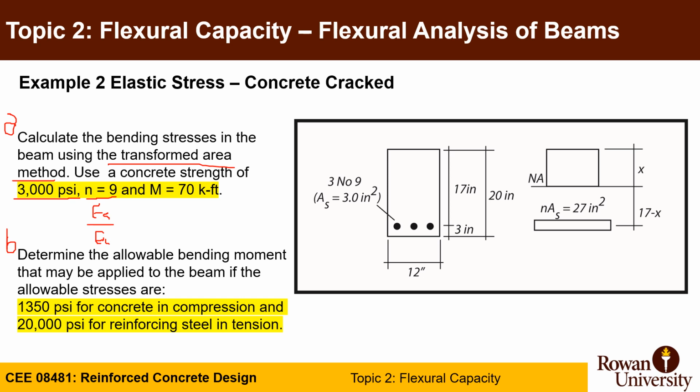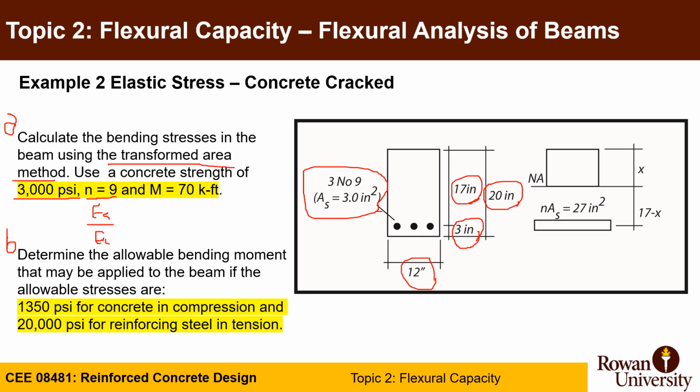The cross section is 12-inch wide, 20-inch total depth, 17-inch structural depth, 3-inch cover, and area of steel is 3 inch square, and this is your transformed section.